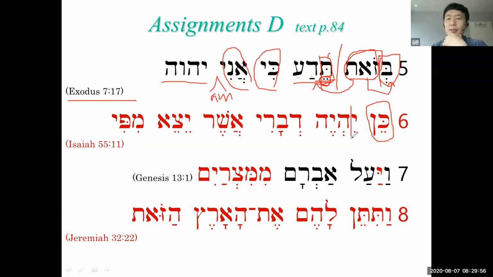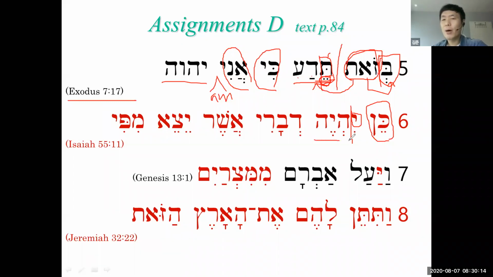So then, this one is another case where we have a prefix pronoun without verb conversive. So we have yod. Actually, this one is the prefix pronoun indicating what? 3MSG, prefix form.